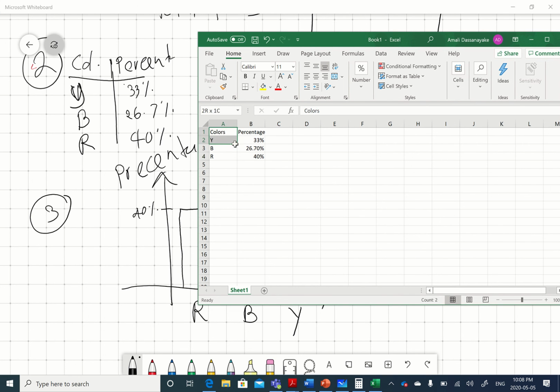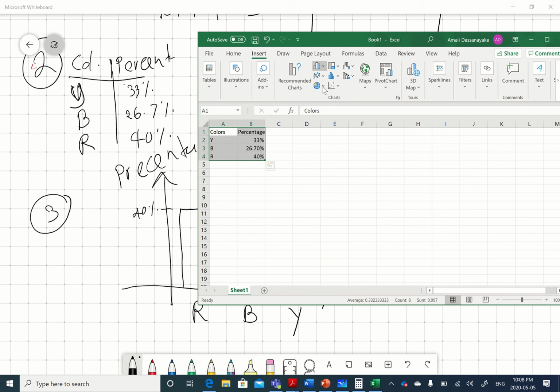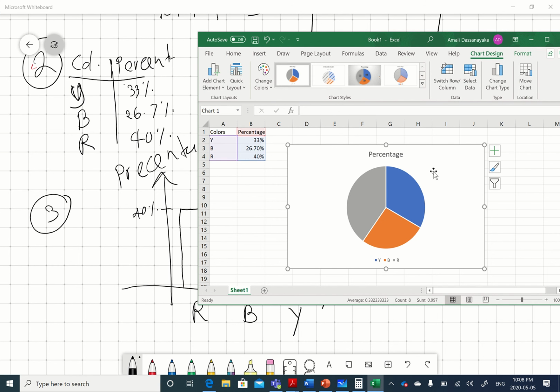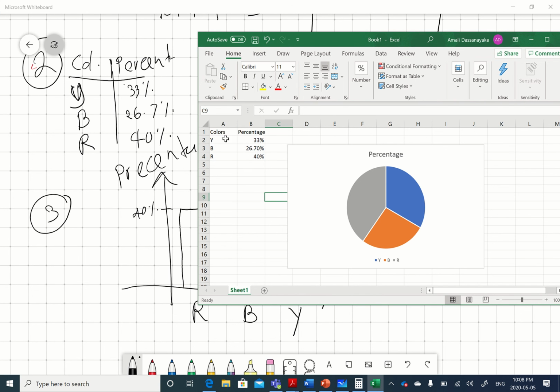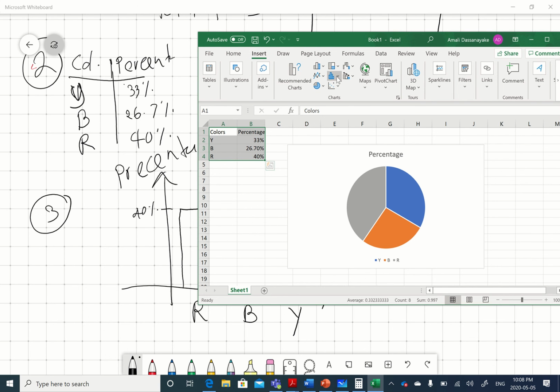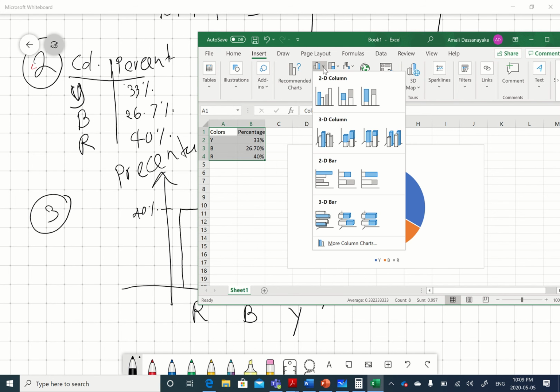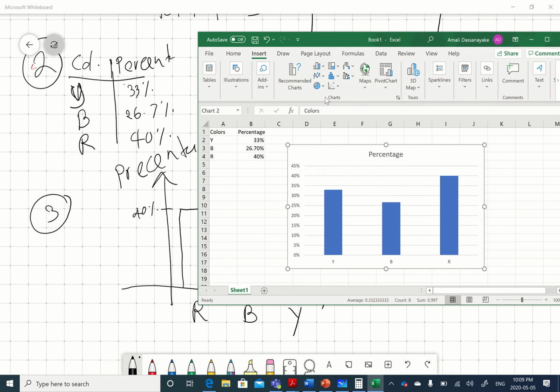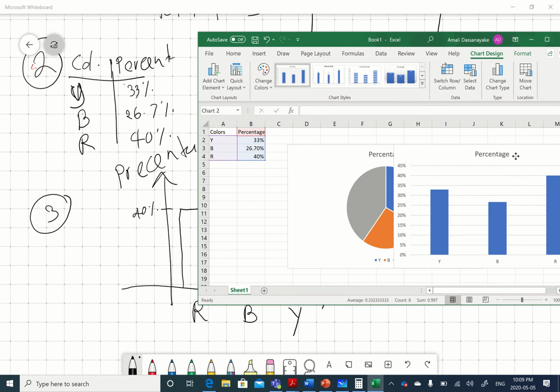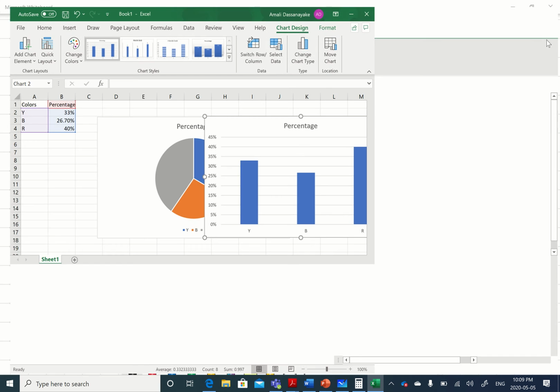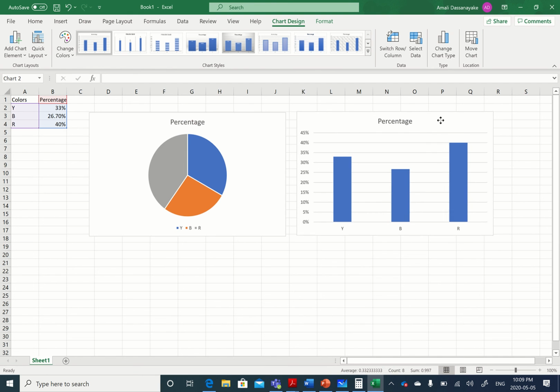You select these 2 columns and go to Insert, and under Charts you can select pie chart. There you go, this is the pie chart. Then select Insert again, and I believe it's this one, column or bar chart. Yeah, click on the very first one. Here you go, you have the bar chart. Very straightforward.